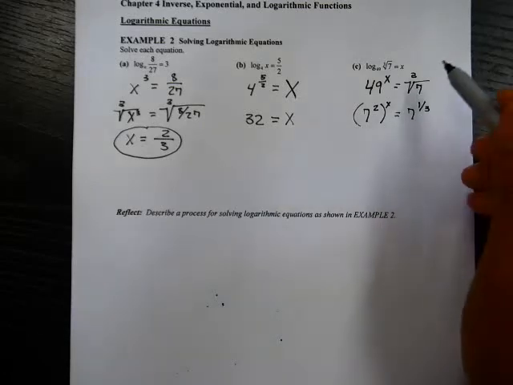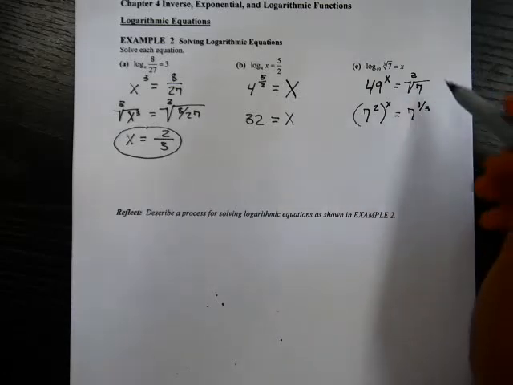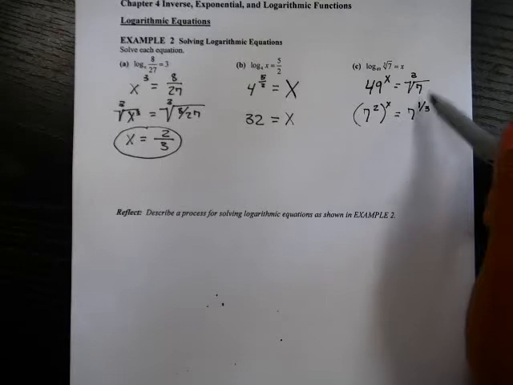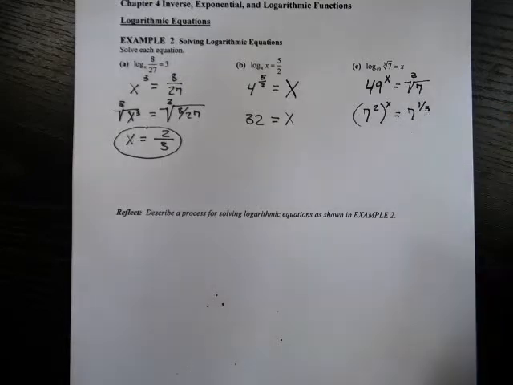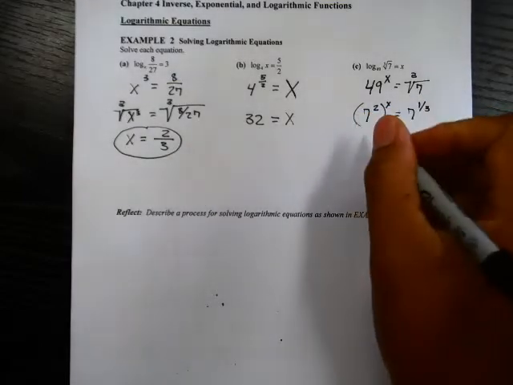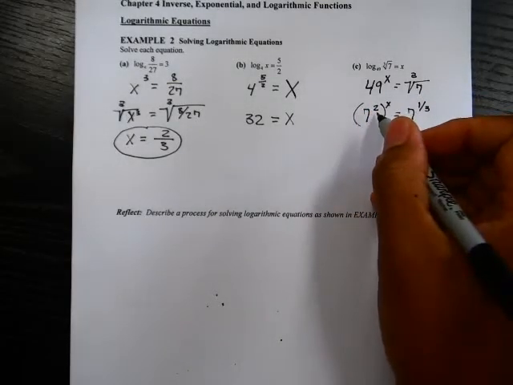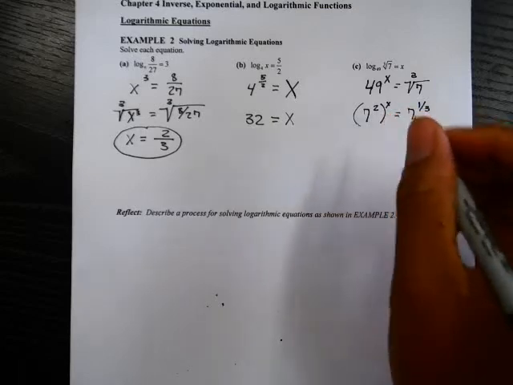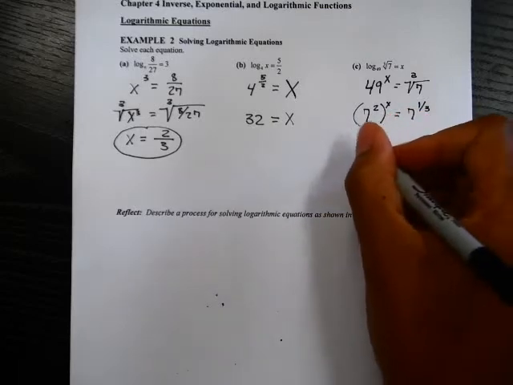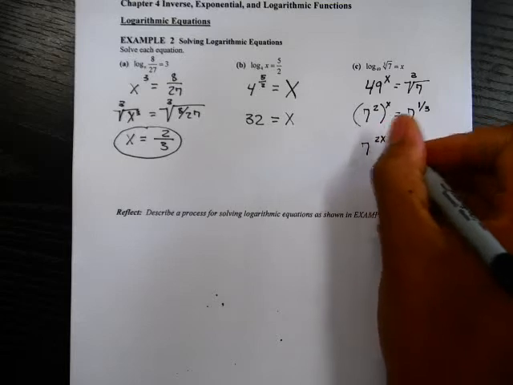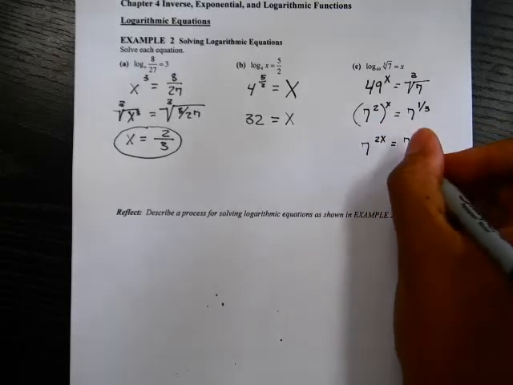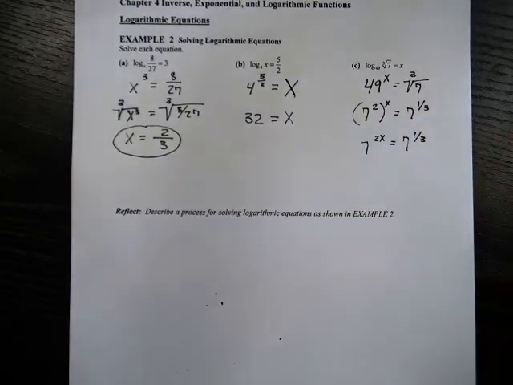Remember, you can write any radical as an exponential as long as you put the power on top and the root as your denominator. A couple more steps. If we have 7 to the second power raised to the x power, using your power rule of exponents, this would be 7 to the 2x equals 7 to the 1/3.